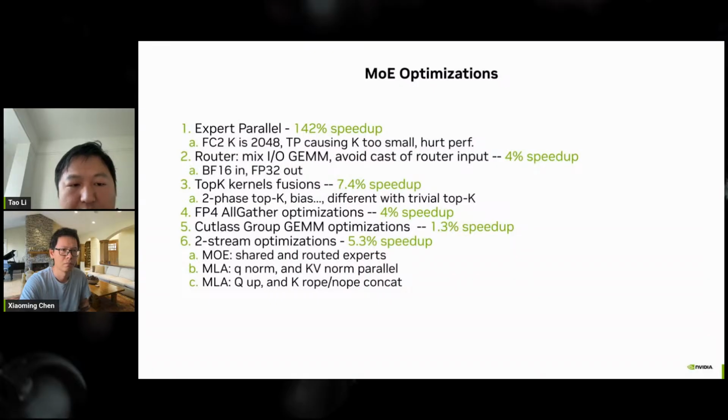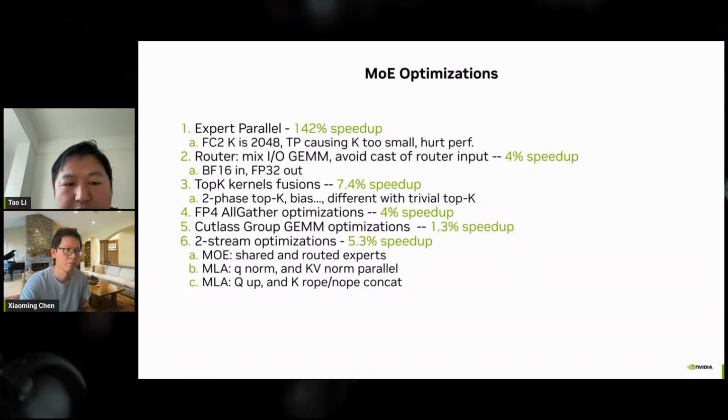The fourth one is we also did some all-gather optimizations, trying to replace the BF16 tensor with FP4 to do the all-gather to save the communication message size. This can give us about a 4% speedup.